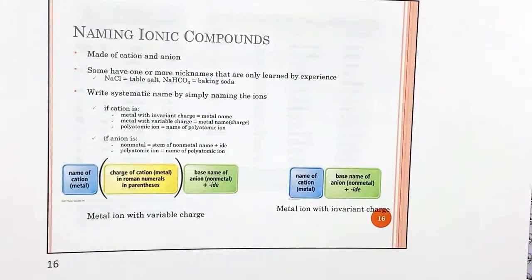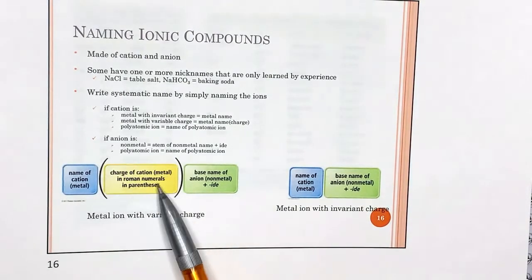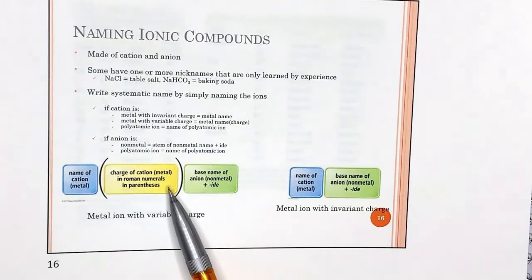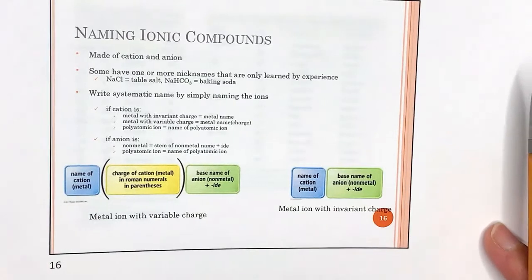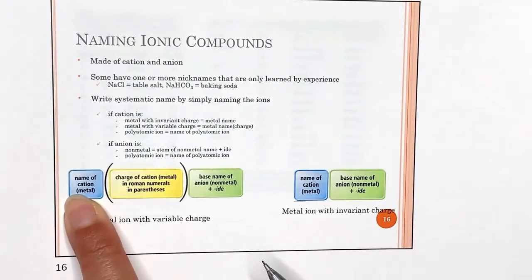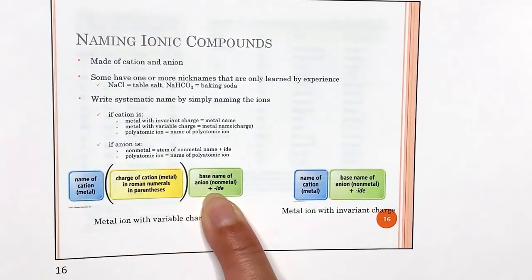In this case here, if your metal ion can change charge, that means you need to write down what charge it is. So you always put the cation name and then whatever charge, and because we want to be fancy, we write it in Roman numerals, okay? Whatever the charge is, you write it in Roman numerals for the charge of this guy, and then you stick it with the name of the anion part. The anion part is whatever IDE or polyatomic ion it is, okay?